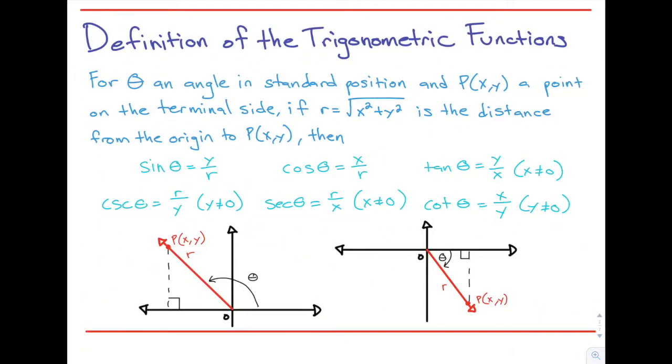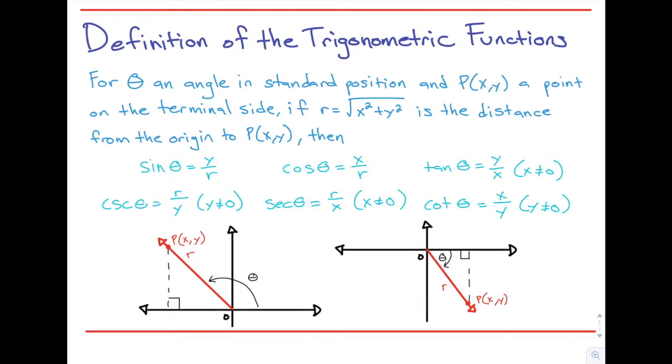So recall that the definition of the trigonometric functions for theta, an angle in standard position, and P(x, y), a point on the terminal side, if r equals the square root of x squared plus y squared is the distance from the origin to P(x, y), then sine theta equals y over r, cosine theta equals x over r, tangent theta equals y over x for x not equal to 0, cosecant theta equals r over y for y not equal to 0, secant theta equals r over x for x not equal to 0, and cotangent theta equals x over y for y not equal to 0.